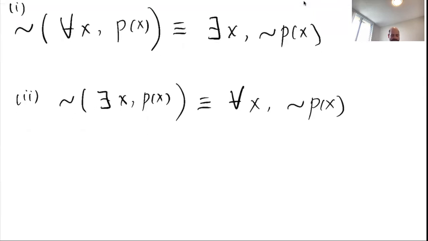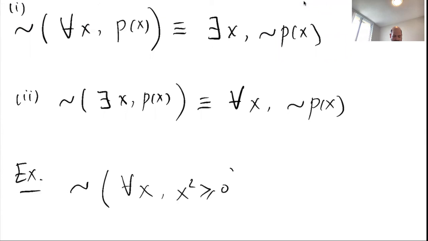So let's look at an example. The negation of for each X, X squared is bigger than or equal to 0. What is this according to what we said? We want to use the first identity: the negation of for each X, P of X is there exists X with negation P of X. P of X says X squared is bigger than or equal to 0.